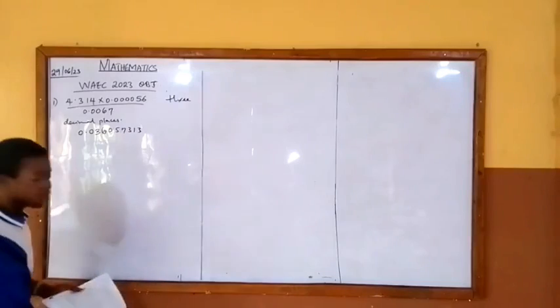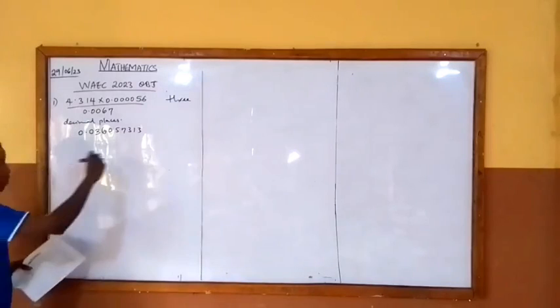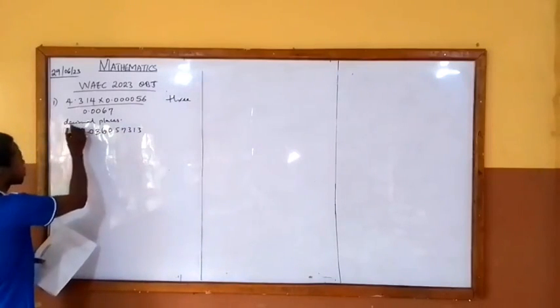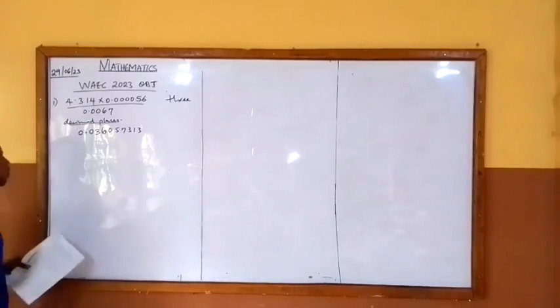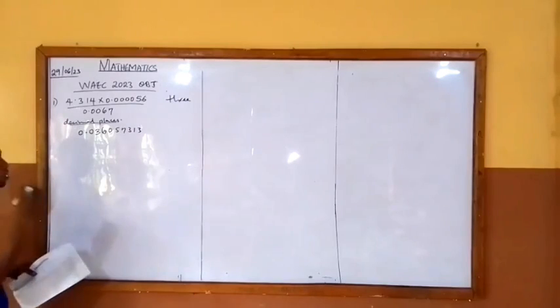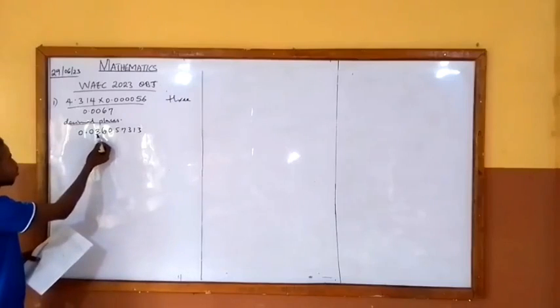And the question says to 3 decimal places. This is decimal, so you count 3 digits after the decimal: 1, 2, 3.